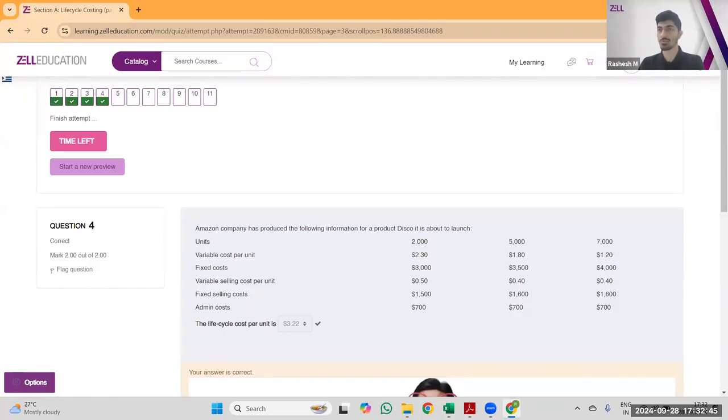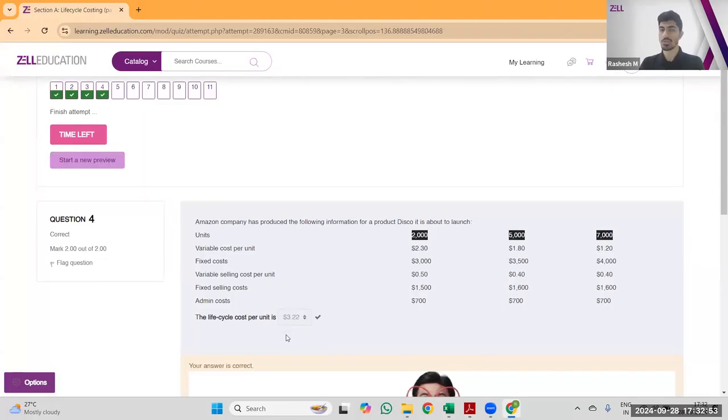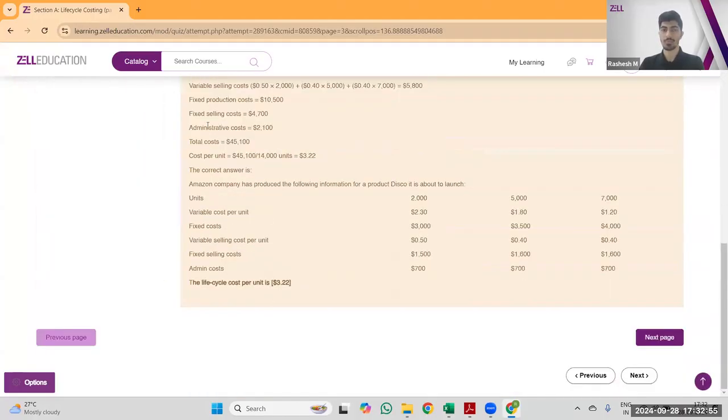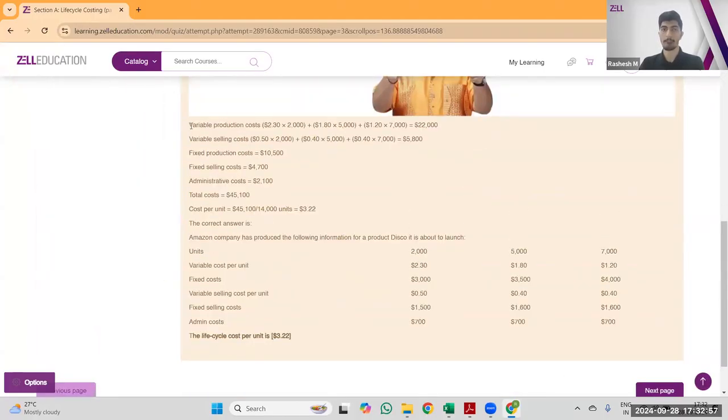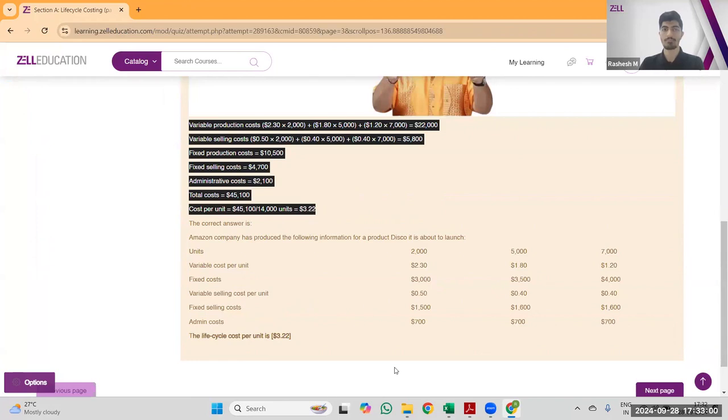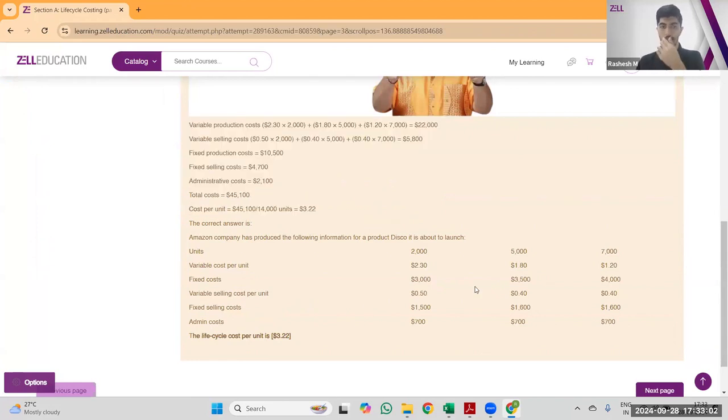Add up all these values and you have the total life cycle cost, divided by the total units, 14,000 units, and your answer comes to 3.22. You can see it here also if you want to tally.